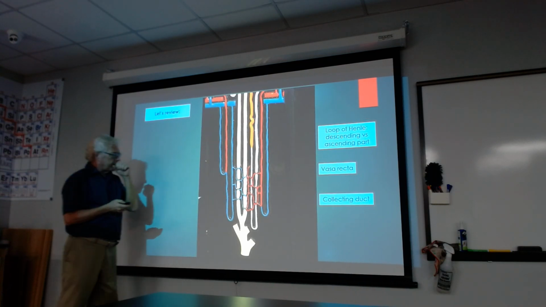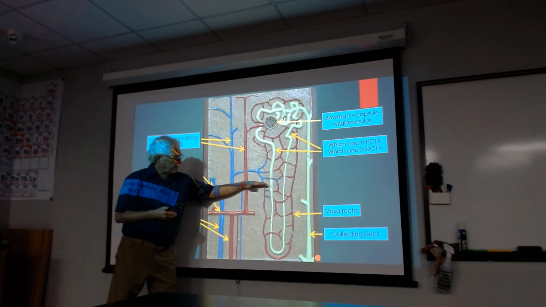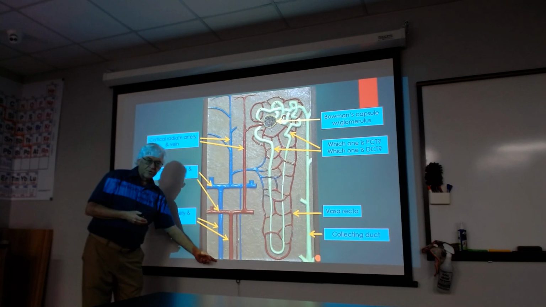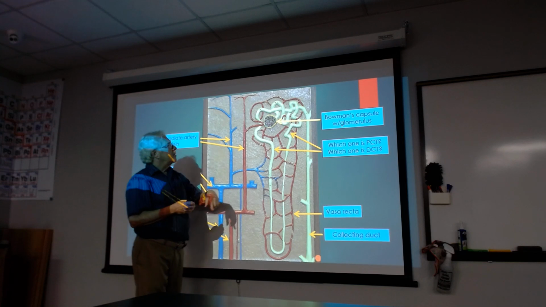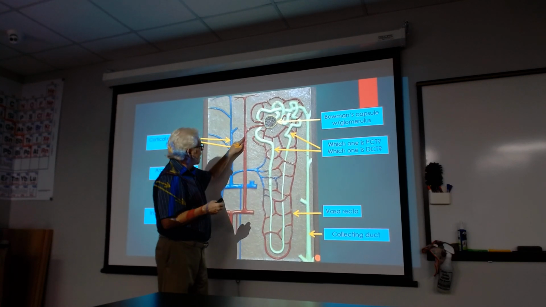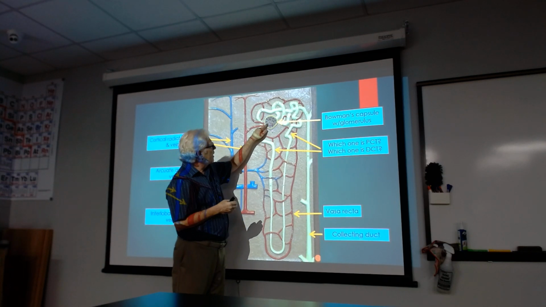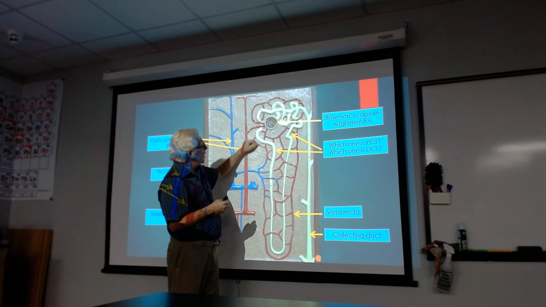All right. Here's another model. Arcuate, interlobar, cortical radiate. Got it? And here is your afferent arteriole going in, and the efferent coming out. Got it? Bigger one in, smaller one out.